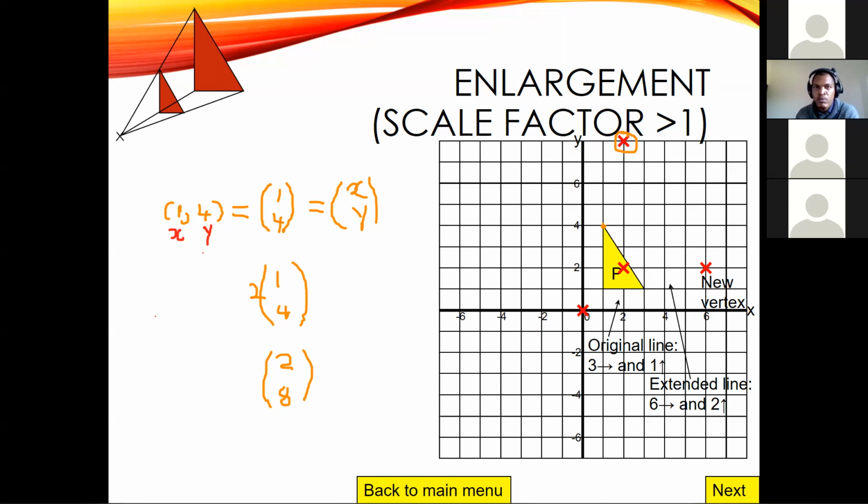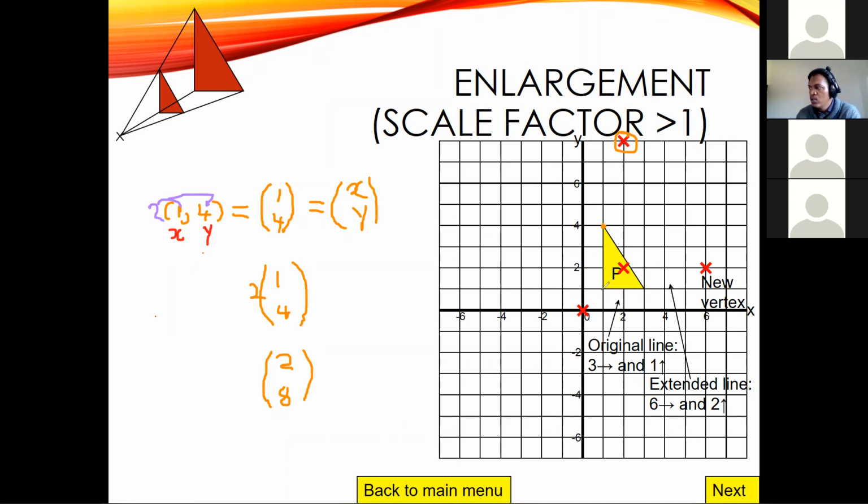We can also put the 2 outside in the row form. It's not a problem. You just say 2 multiplies the 1, 2 multiplies the 4, like we normally do with removing the brackets in algebra. So removing the brackets is also used here. We use a comma to separate X and Y. That's the only difference, but all the other things are exactly the same.